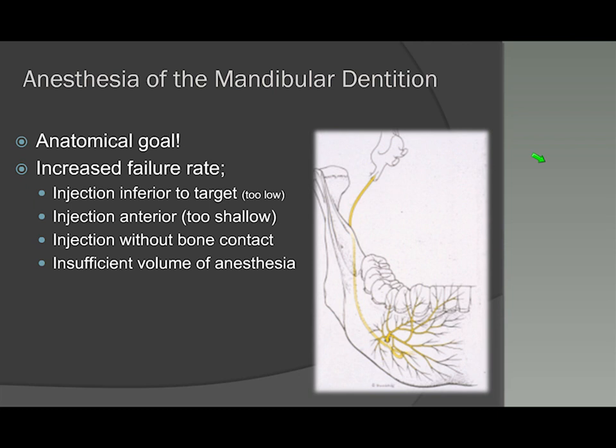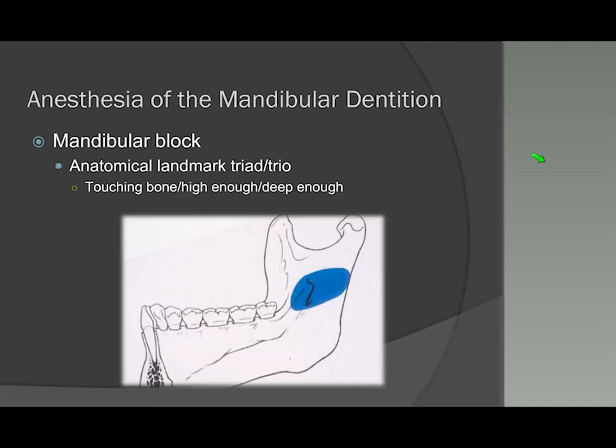So we see increased failure rates in the mandibular dentition, usually associated with our target area being too high, giving the anesthesia too shallow, not making bone contact and making sure we're on the medial surface of the mandible, or not giving a sufficient volume of anesthesia. So this is our target zone, and most often when we have a failure and we have access to a panoramic radiograph, we'll look, and this little anatomical entity here, the lingula, will actually be much higher back here on the ramus.